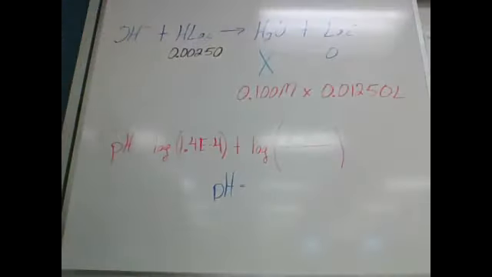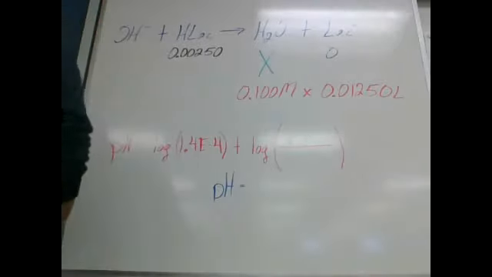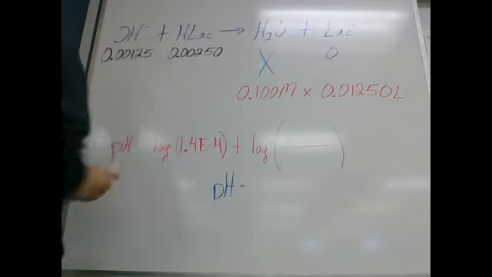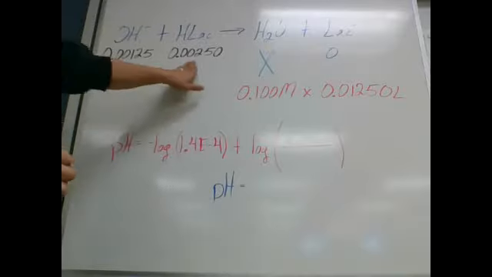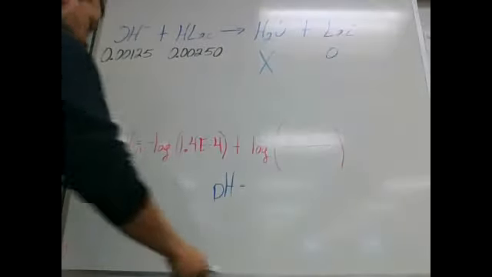So there's the 12.5 mL written as liters, and my mole count now is going to be 0.00125. Now we just have to analyze the titration from this standpoint by, again, subtracting.